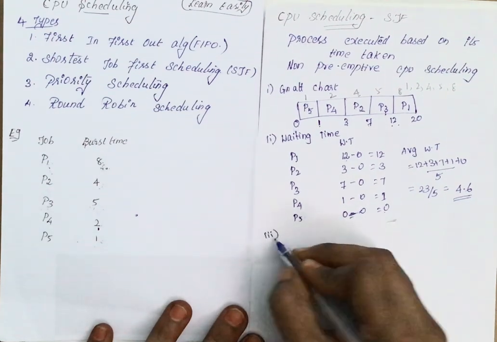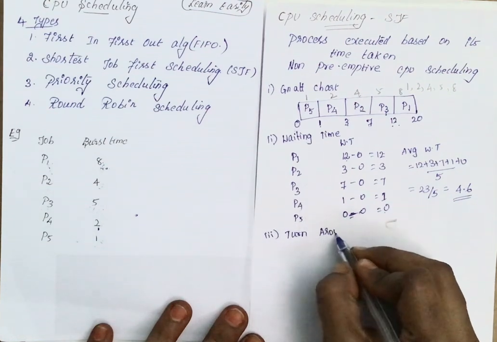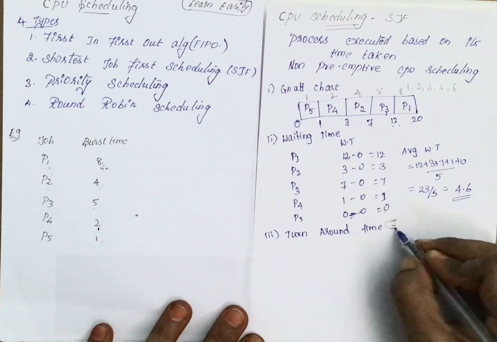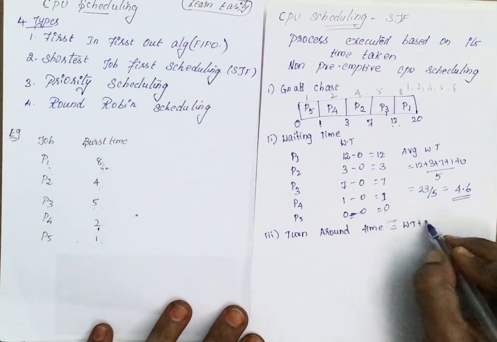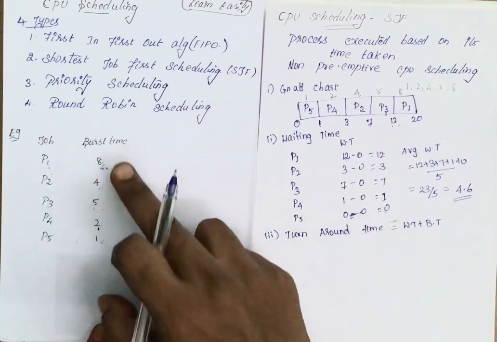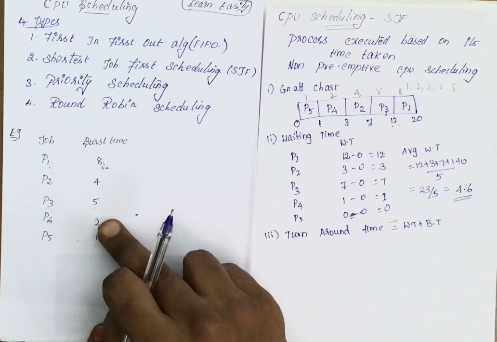Next we have to find the turnaround time. Turnaround time is calculated as our waiting time plus our burst time. The waiting time is found here, and the burst time is the time the process takes to complete its entire task.